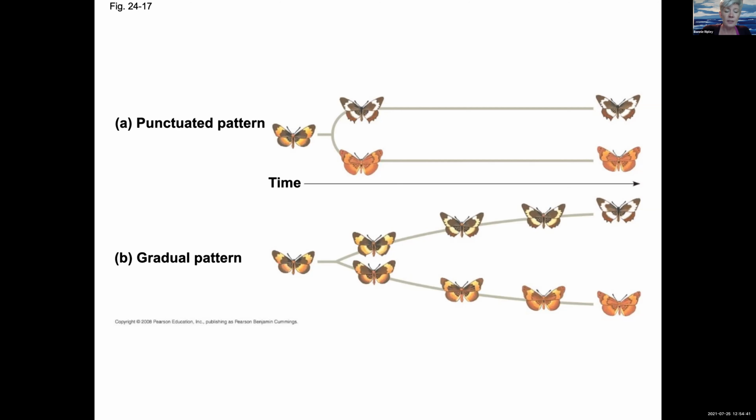Sometimes speciation events happen gradually. It also depends again on what time scale we're looking at. If we're looking at the fossil record and we're missing some fossils, it's going to look like a punctuated pattern. But maybe as we find more and more fossils, then we may be able to see that there was gradual change over a long period of time.